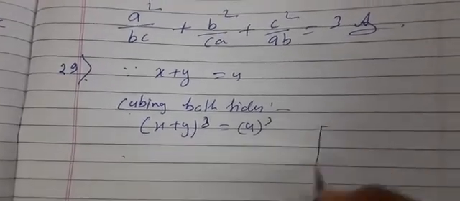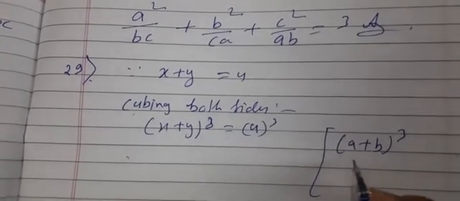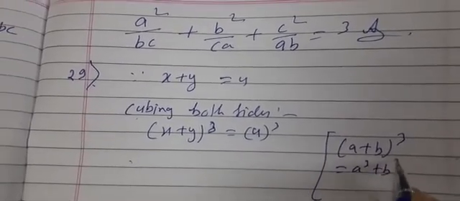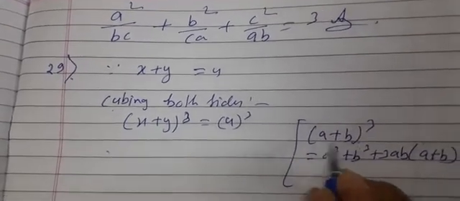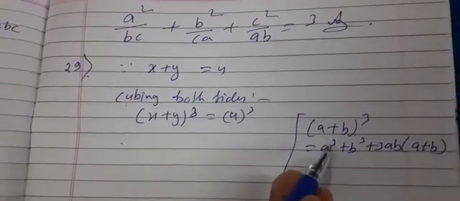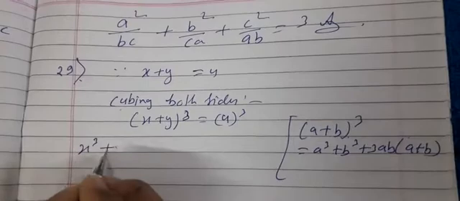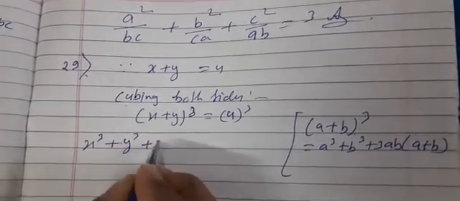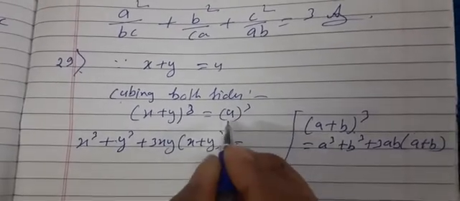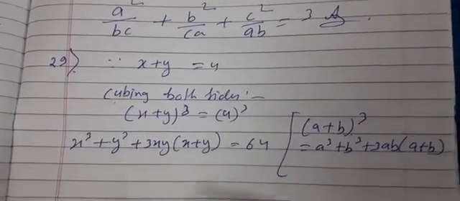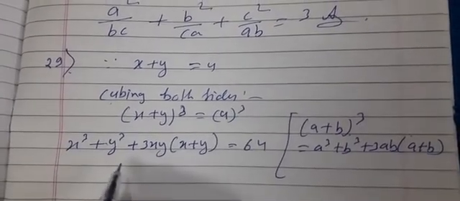So we knew that a plus b whole cube is equal to a cube plus b cube plus 3ab into a plus b. We will utilize this formula here, and we have to mention the identity also, so I did it. Now it is x cube plus y cube plus 3xy into x plus y is equal to 4 cube, which is 64.